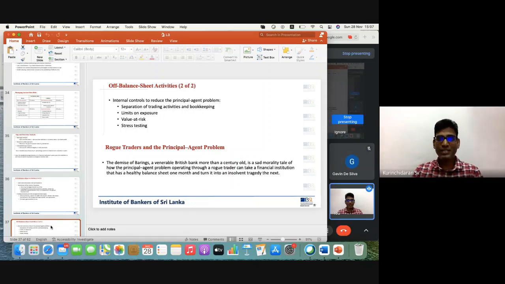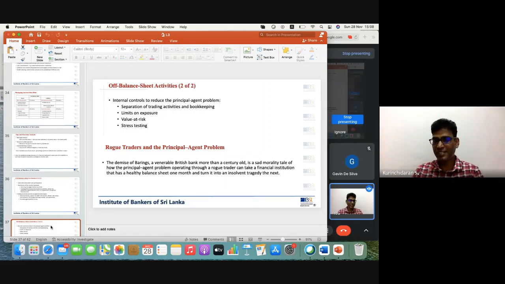So the principal agent problem can always be minimized, but cannot be eliminated anyway. So various risk management techniques. That's what we should always have, a proper internal control system.